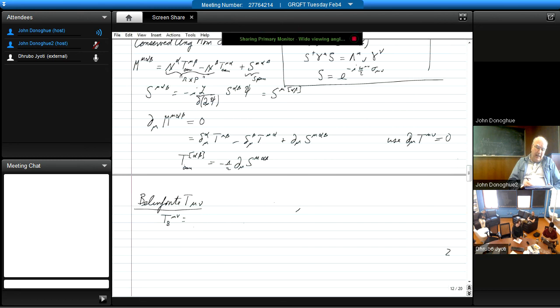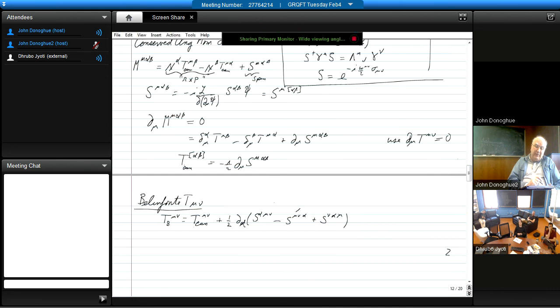So the Belinfante T mu nu is T canonical mu nu plus 1/2 d alpha of spin alpha mu nu minus spin mu nu alpha plus spin nu alpha mu.